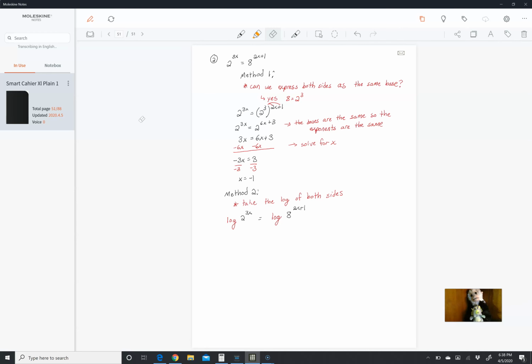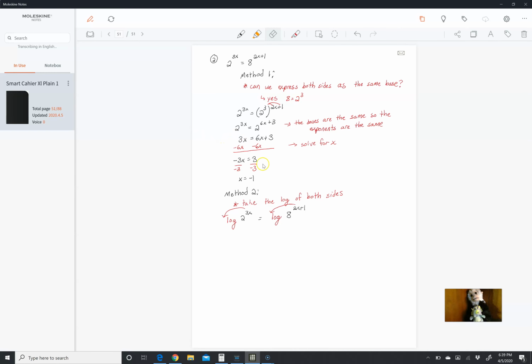And we can do that as long as we're doing it to both sides. It's totally fine. What this allows us to do is take the variables in the exponent and move them out to the front so that we don't have any exponents anymore. The purpose of a log is to solve for the exponent.